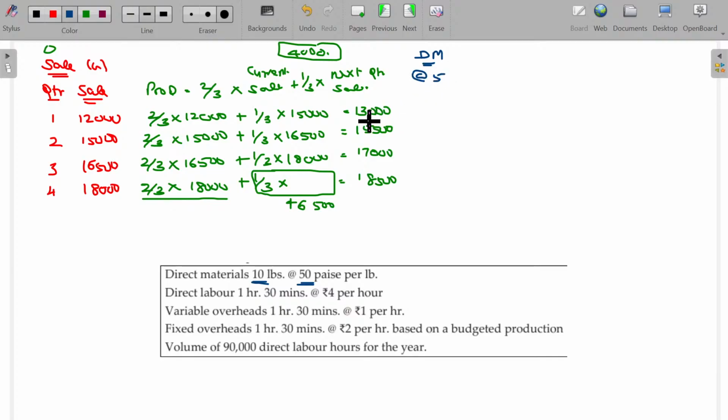The production in the very first quarter being 13,000 into 5, 65,000, 15,500 into 5, 77,500, then 17,000 into 5, 85,000, 18,500 into 5, 92,500, then overall direct material cost being 3,40,000. Overall production being how many units produced in that period? 64,000 units produced.